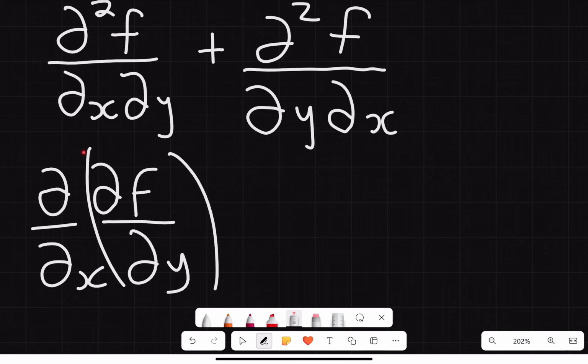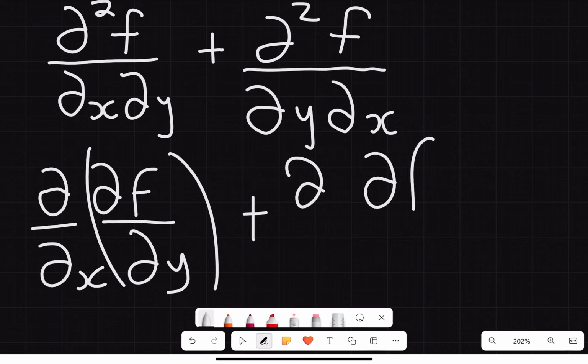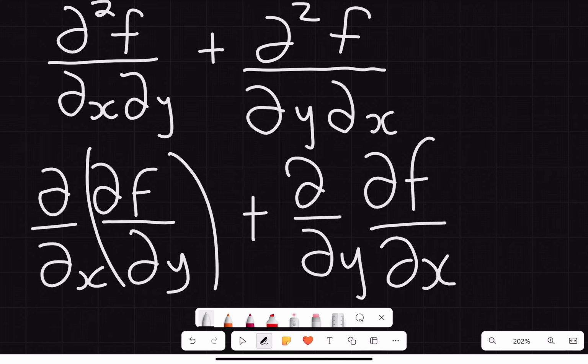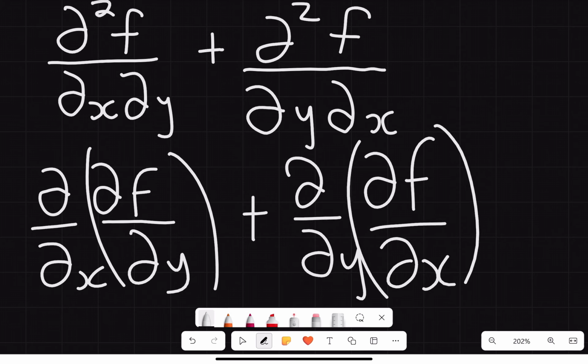Alright, and then we're going to do the same with the second one. And then we have this, and then we have that. Right, so you just broke this into that and that.